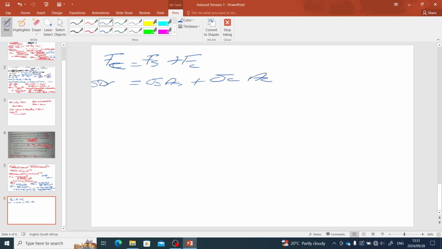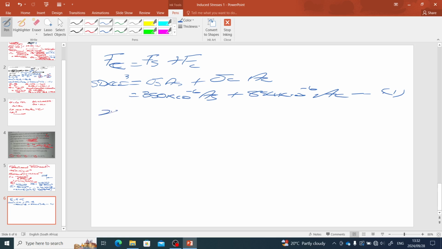Then we have 50 times 10 to the power 3 equals stress steel times the area for steel, 350 times 10 to the power negative 6, plus stress copper times 854 times 10 to the power negative 6, area copper. This would be our formula number 1.